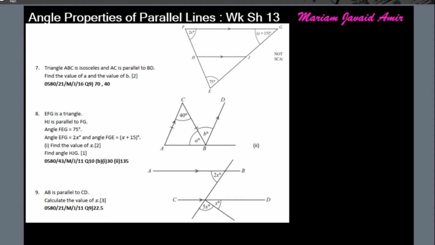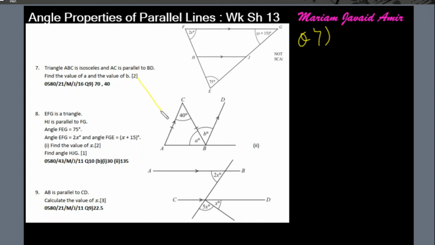Question number 7. Triangle ABC is isosceles and AC is parallel to BD. Find the value of A and the value of B. So where is the figure for question number 7?